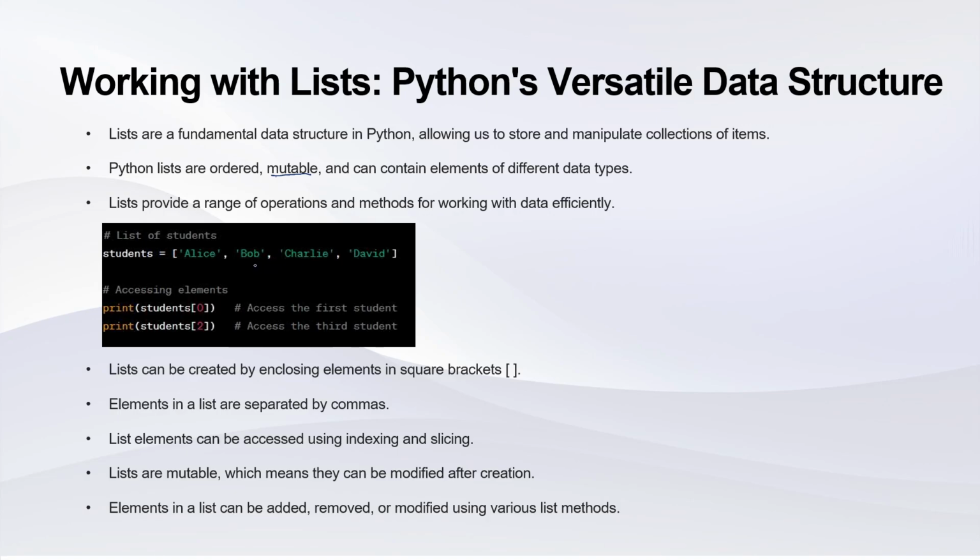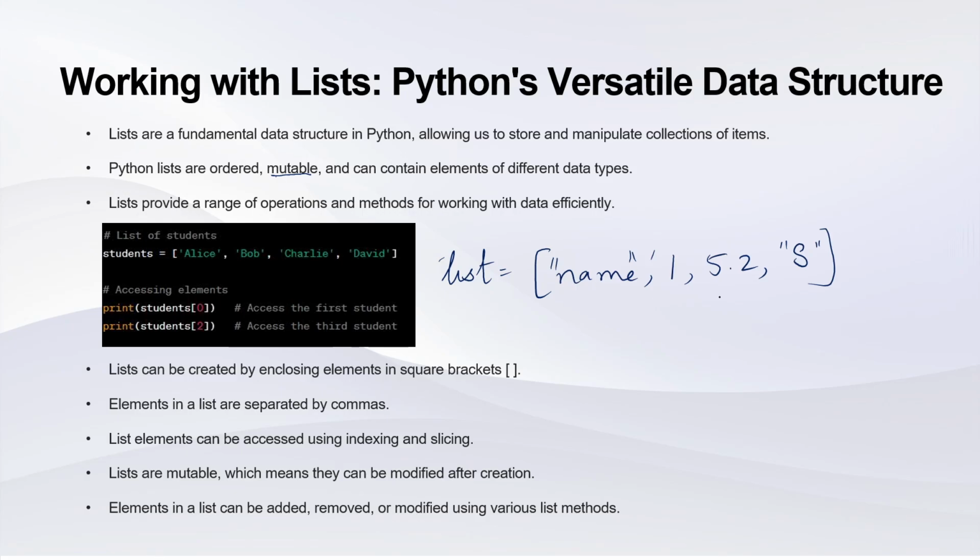Lists don't just have objects of the same type. You can have elements of different types in a list. For example, you can have a list having strings, integers, floats, all together.